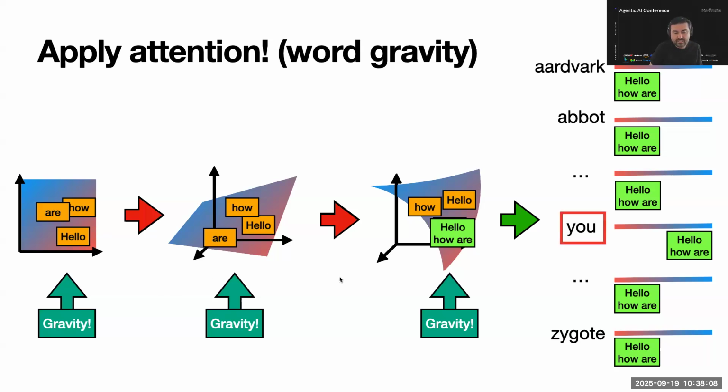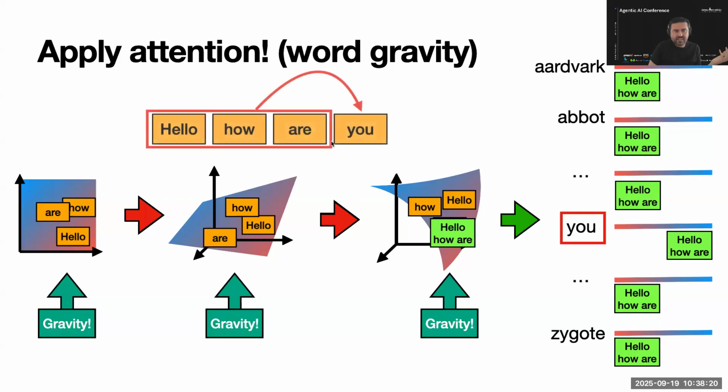So in other words, a transformer is like a big neural network, except at every step, I apply word gravity to the words. Okay, I may have gone a little abstract, but as long as the main idea makes sense: it's like a neural network, but I apply gravity at every step.